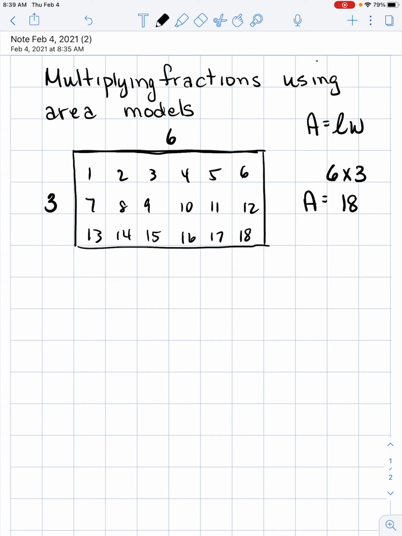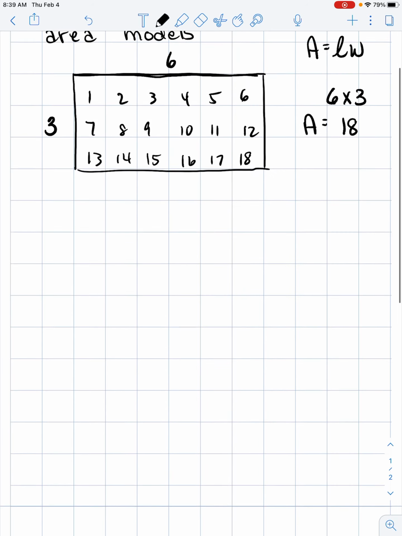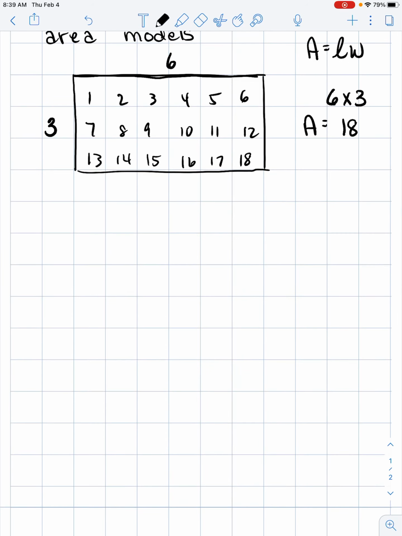We're going to use this area model to try to understand what happens when we multiply fractions. In the case of multiplying fractions, we're going to take the area of a square. For our first example, I'm going to make a 4 by 4 square.